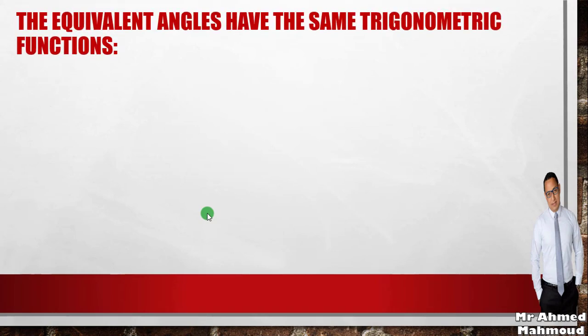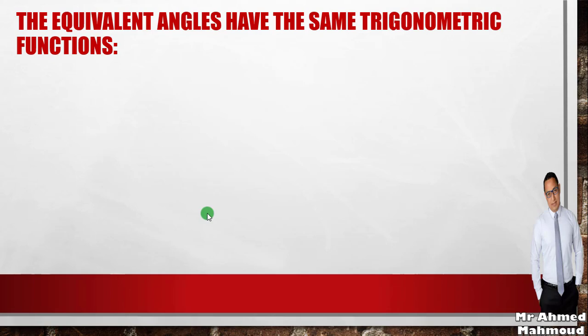Now let's study the equivalent angles. The equivalent angles have the same trigonometric functions. How come? Before we studied the equivalent angles, for example, if we have angle like 50, when we add 360 to 50, it will be 410. So 50 and 410 are called equivalent angles. When we add 360 or subtract 360, we get an equivalent angle to the main angle.